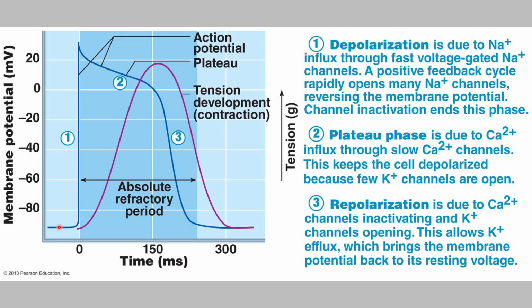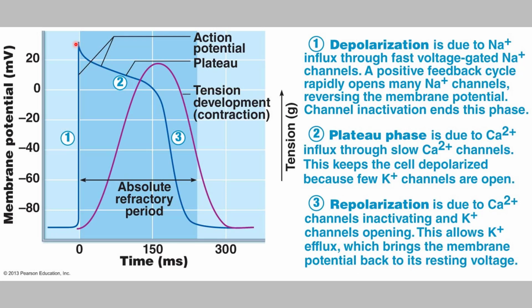So let's see what happens. We are completely at rest, and again, don't worry about the numbers. Just know what they mean. Down here, we are completely at rest. When the action potential comes, we go very quickly, pretty much immediately, from complete rest to completely depolarized in an instant.